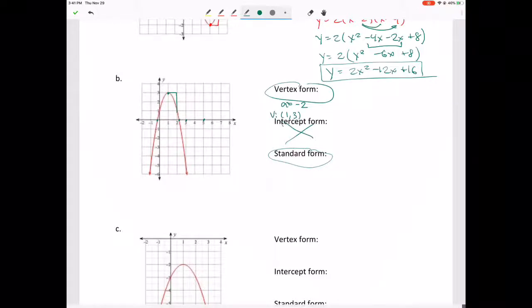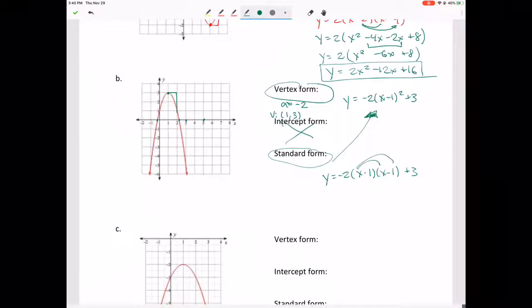So if you wanted to write the equation, you get y equals negative 2 times x minus 1 squared plus 3. Okay, and then standard form, you would want to distribute this equation. Okay, so how you would do that is you would do y equals negative 2, and then write it as x minus 1 times x minus 1 plus 3.